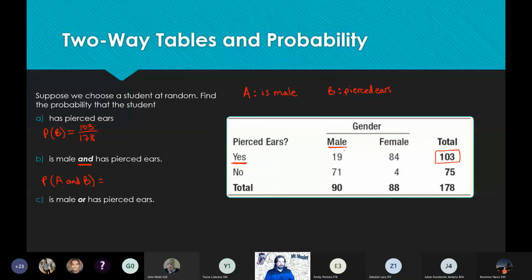The number of people that are male and have pierced ears is just the 19. So we have 19 out of 178. Are there any questions so far?